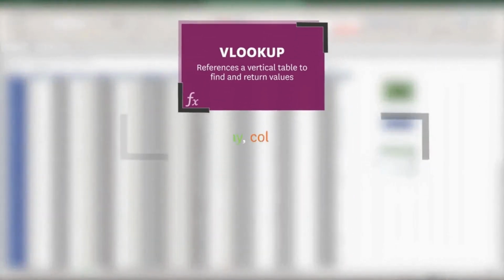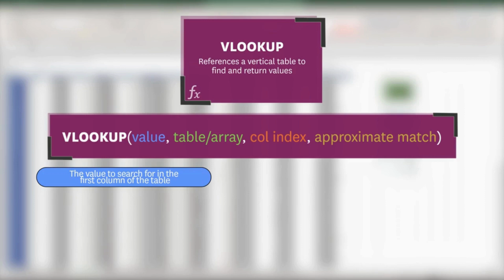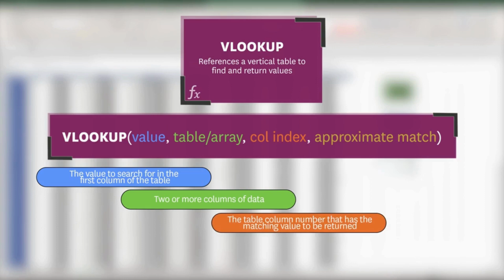So when we use the VLOOKUP, the first argument it's going to ask for is a lookup value. That's the piece of information you know, the person's name. The second argument is where you're going to go and look it up, the telephone directory. The third argument says, okay, when you find the match, if there's more than one piece of corresponding information, which one do you want to get back?